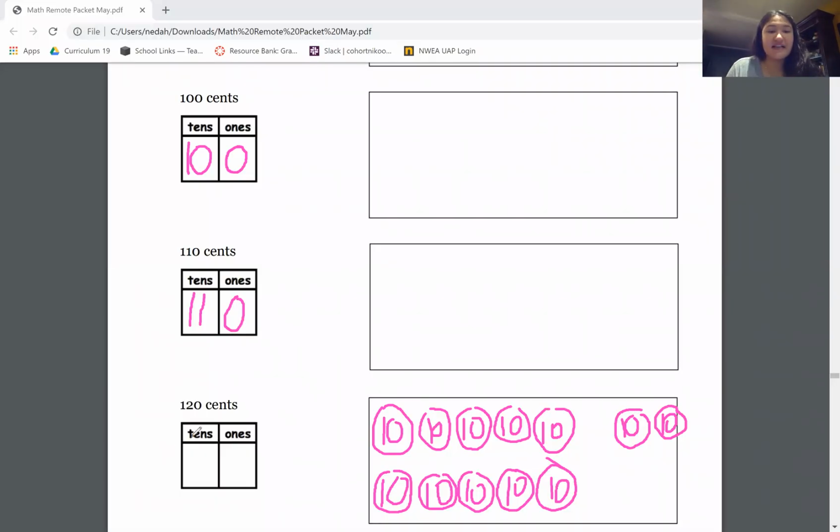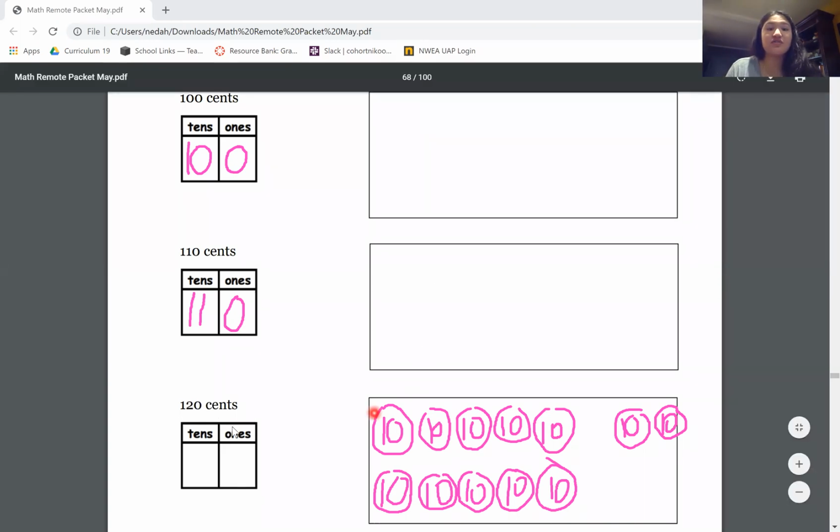This next problem says 120 cents. Let's see how many dimes we need to draw to solve for 120 cents. We have 1, 2, 3, 4, 5, 6, 7, 8, 9, 10, 11, and 12. Does anyone know why we have 12 dimes to show 120 cents?